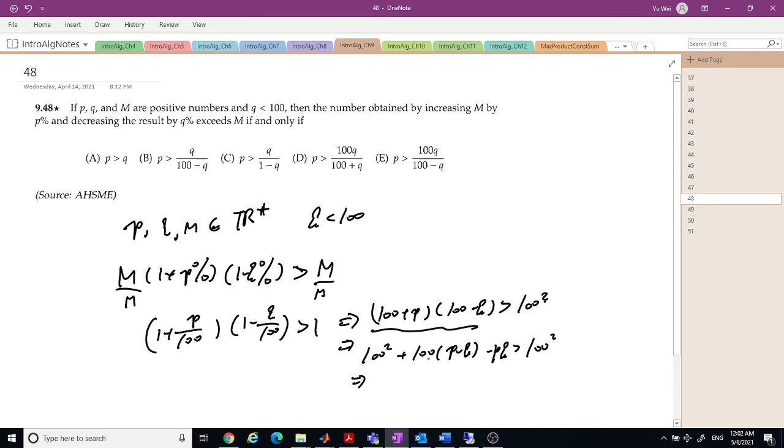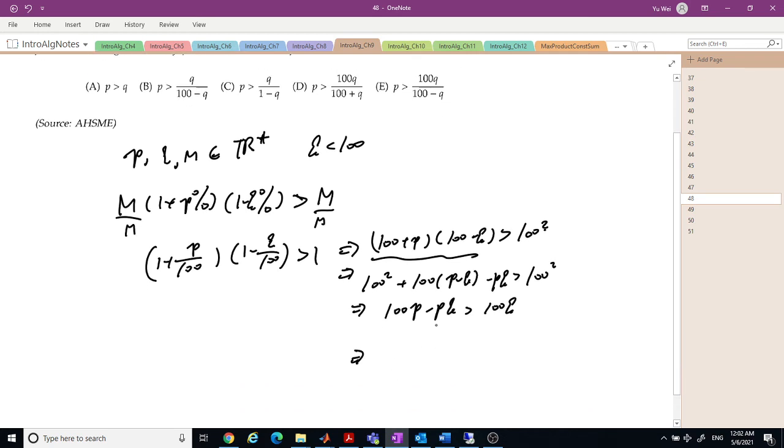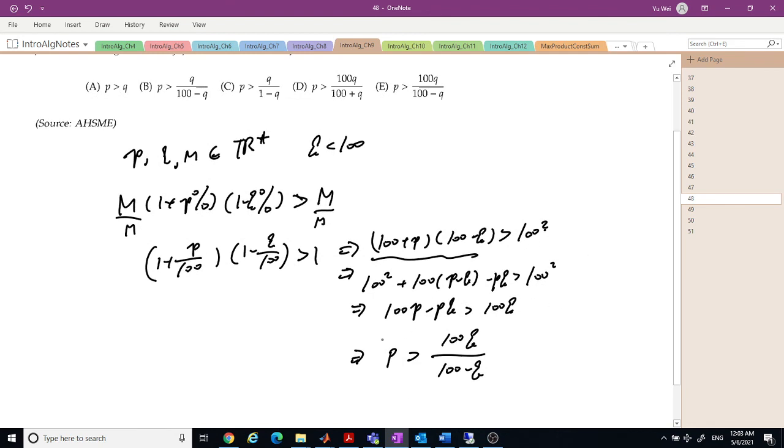So we need to solve this inequality: 100 p minus pq is greater than 100 q. Equivalently, p is greater than 100 q over 100 minus q. So the answer is E.